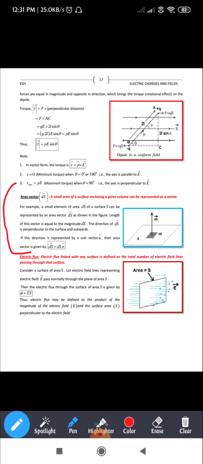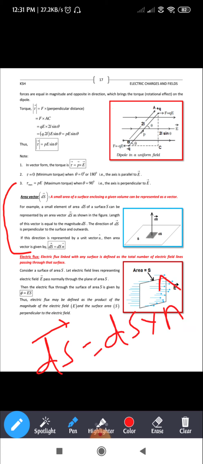You have a surface S, in that we have taken a small element, that is ds vector. That ds vector can be represented as ds into n cap, where ds gives the magnitude of that small element you have taken, and n cap gives the direction.